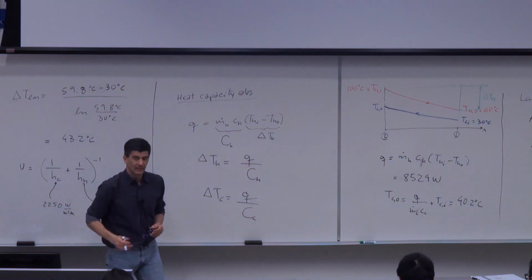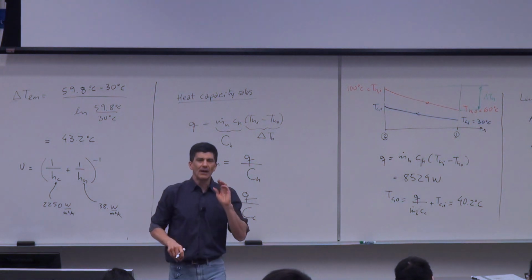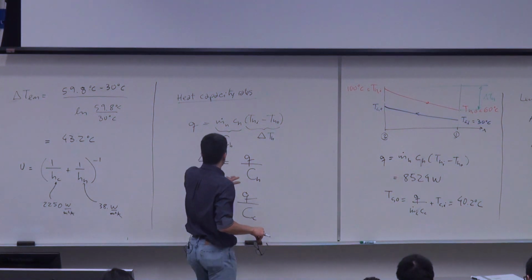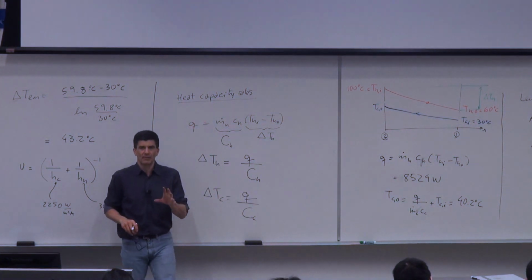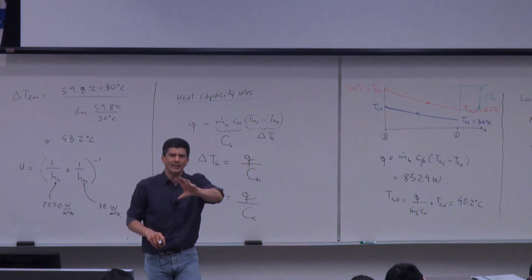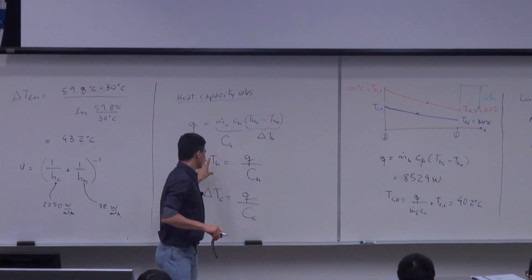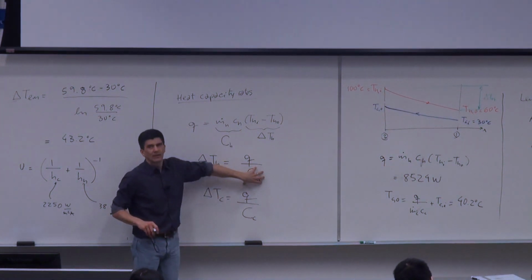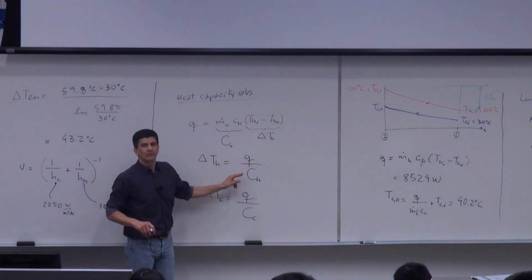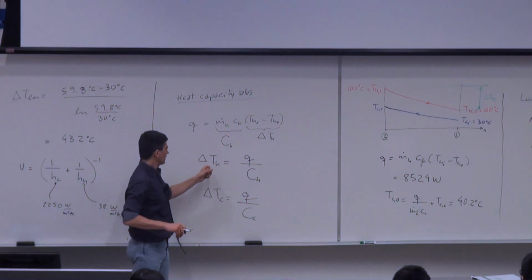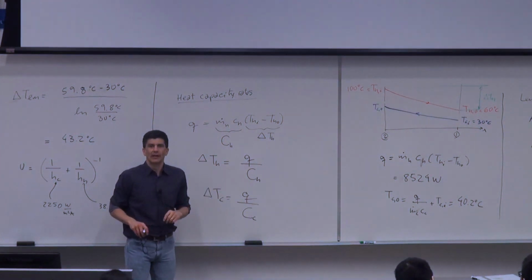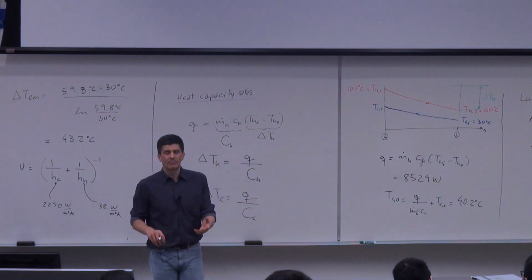What it says is that if I have a bigger heat capacity rate, right? Heat capacity is like thermal inertia, and the delta T is like motion. So if I have a big heat capacity rate, if I have a big inertia, the temperature is going to change little.